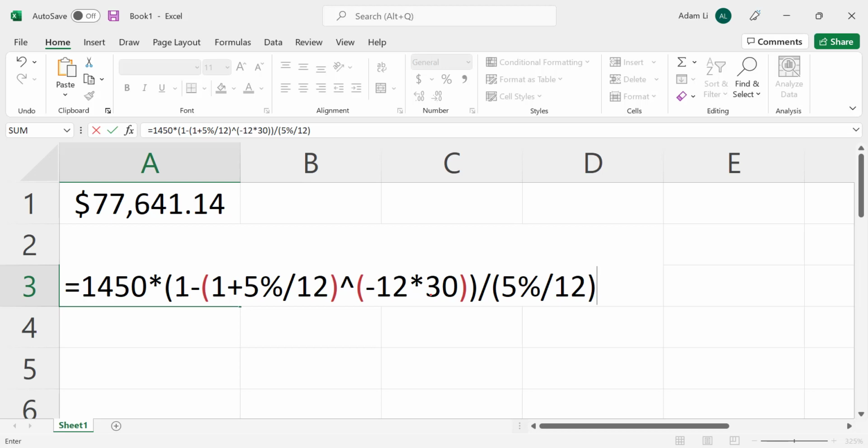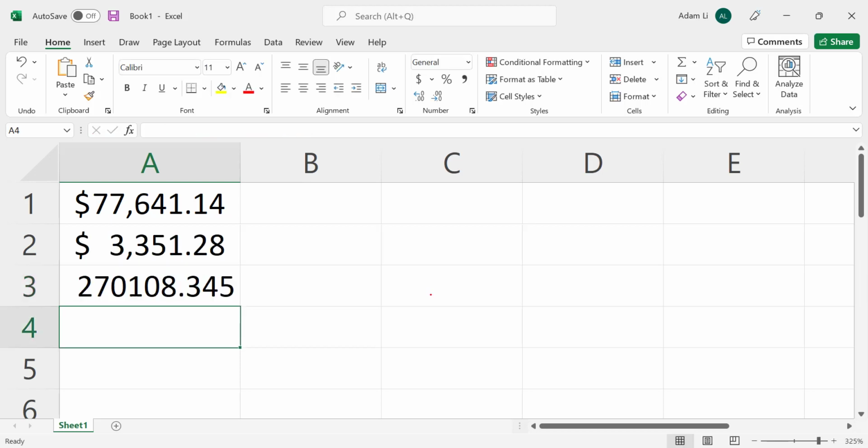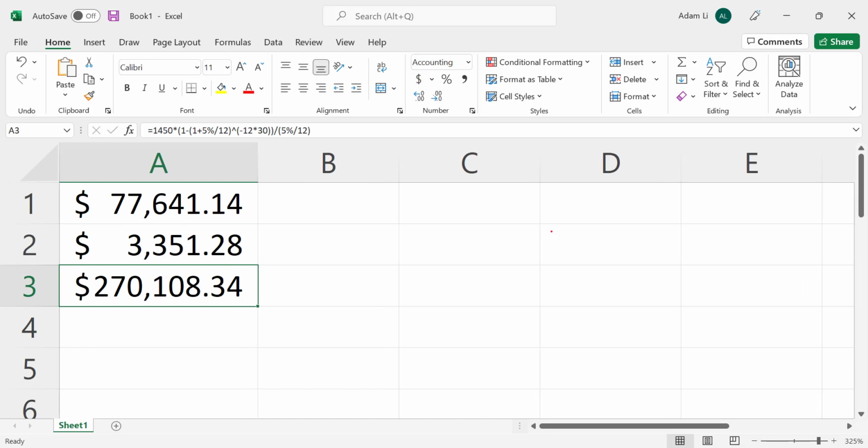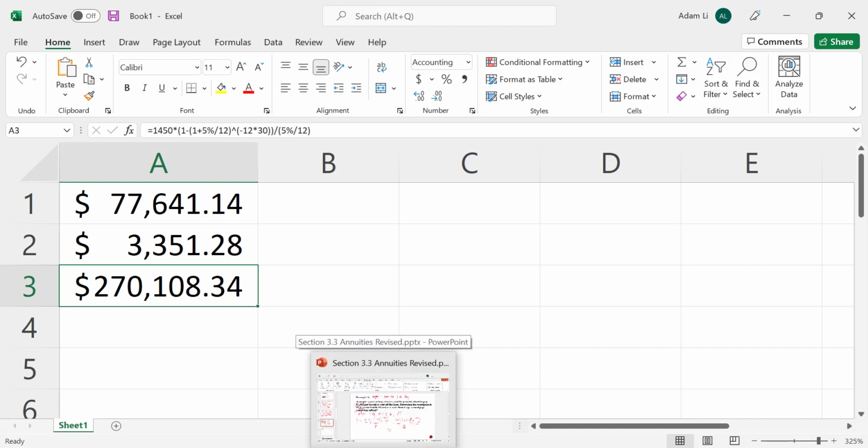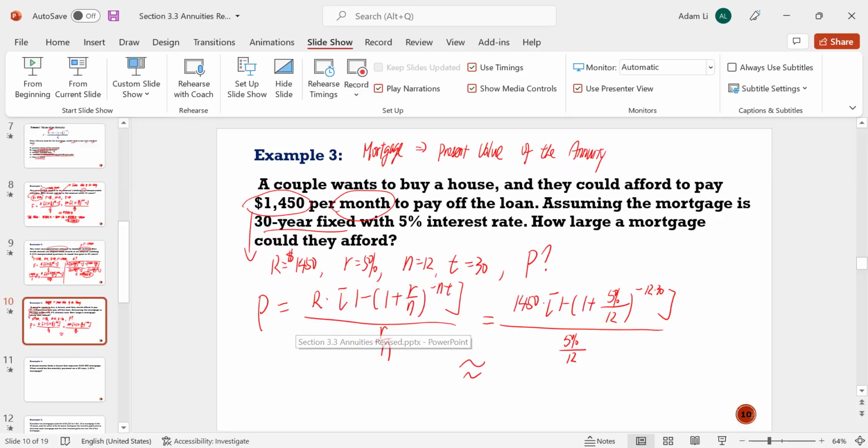Okay. And once we input that, then we get the result right away. It's going to be $270,108.30. Right? That's the total mortgage they could afford under that given circumstance.